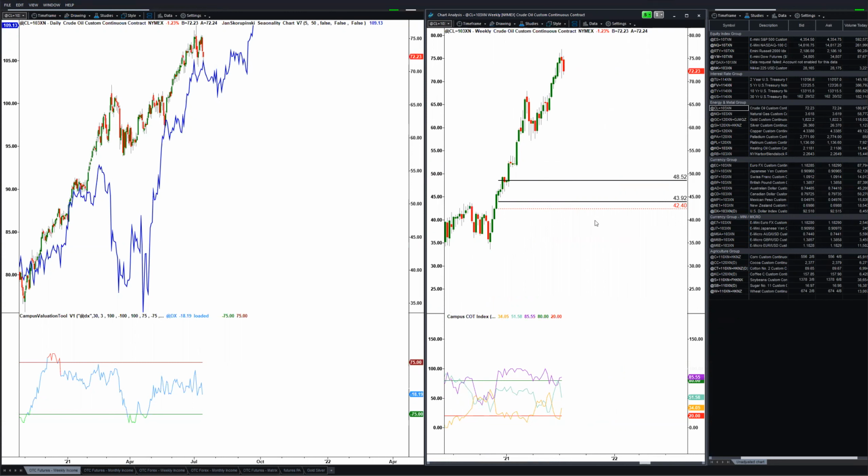I'm just making this up. Looks like a nice zone, weekly level, right? Really nice zone.